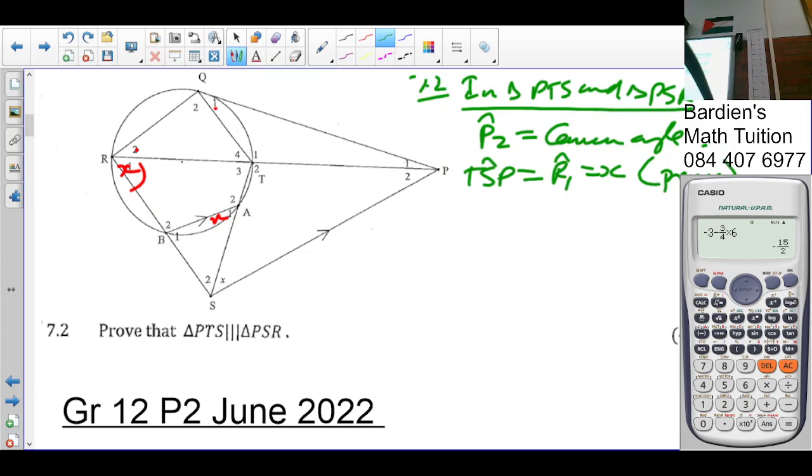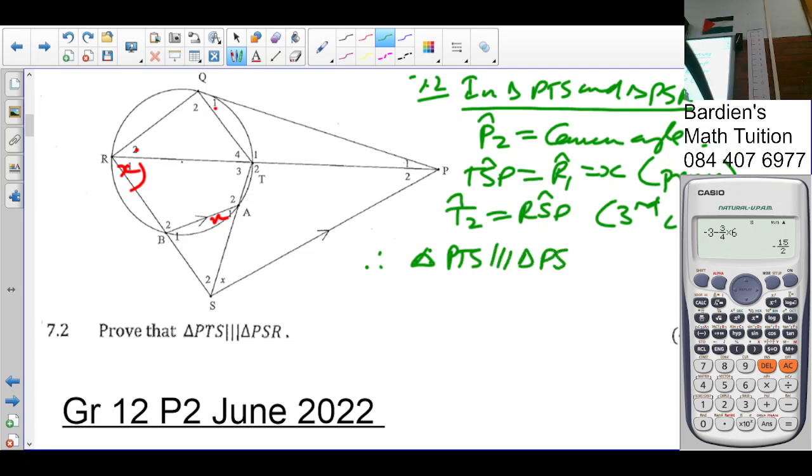Then T2 is equal to RSP, which is the third angle of a triangle. So therefore, triangle PTS is similar to triangle PSR. Why? Because of angles.